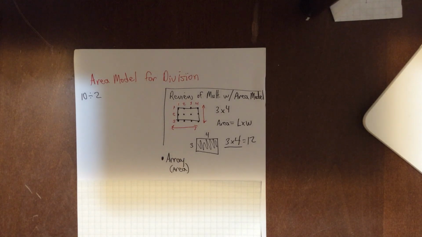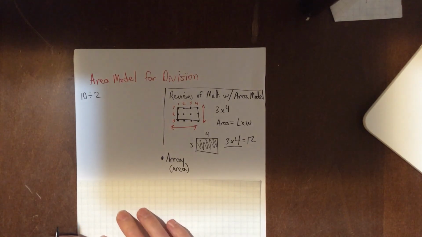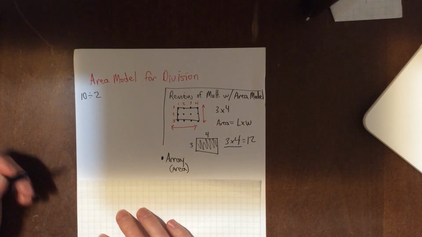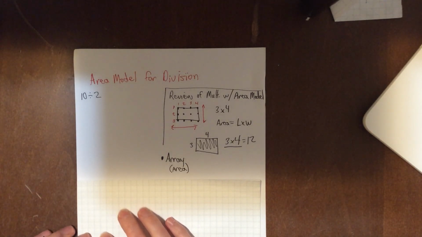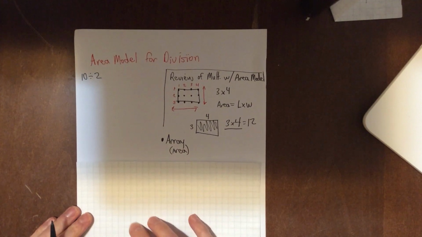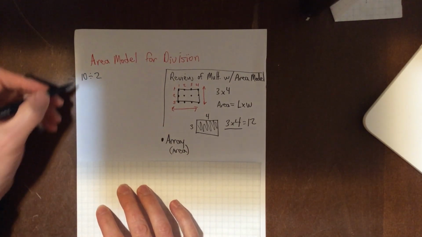Okay. So, if we have 10 and we're going to break it up equally into groups of 2, let's think of that as an array. So, I'm going to use grid paper here, and so will you. This will be in your problem set.